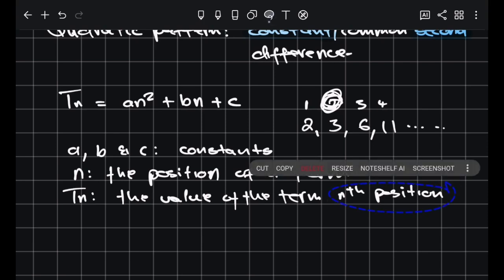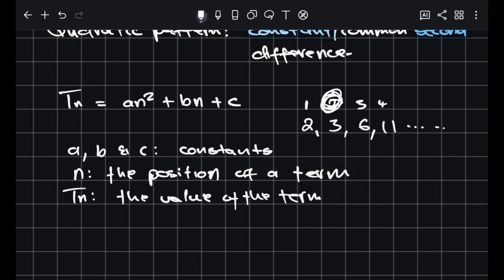So we have position 2, that's the nth position, and we have 3 over there, that's the value, that's your Tn. 3 is the value of the term in position 2. That's exactly what Tn means: the value of a term in the nth position.